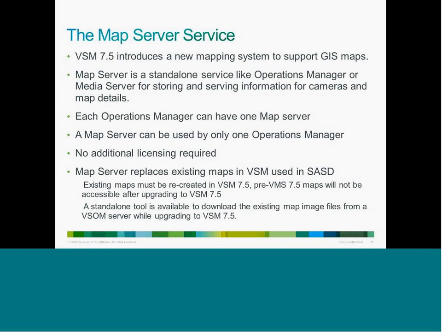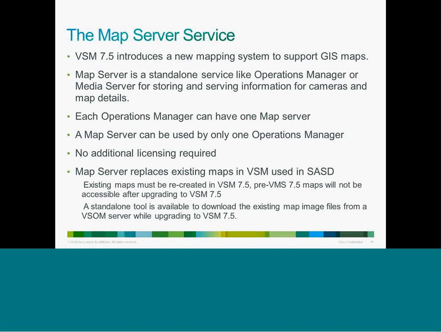So we talked about this, we have the support for GIS maps now. This is a map server which has to be a standalone server. So this is a new service like we talked about, right? With the data server, this is a new server introduced. This is like our VSOM and VSMS, right? But it cannot be co-resident with either of those.